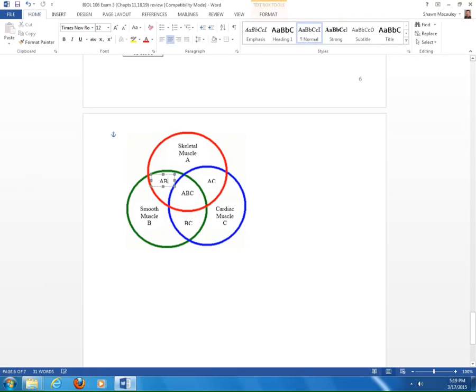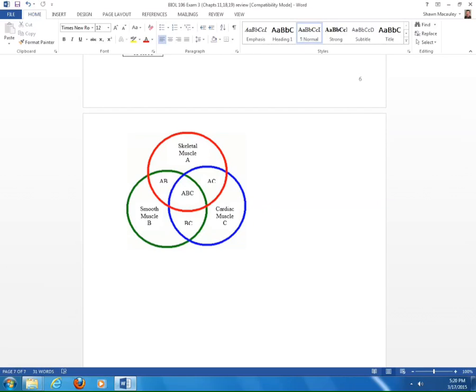There will be something like this. Can you see that well enough? A Venn diagram, skeletal muscle, and I'll have some facts underneath it. And we're comparing and contrasting skeletal muscle with smooth muscle with cardiac muscle. This would be histological changes, this would be the use of calcium, this would be whatever, things we've been learning about.